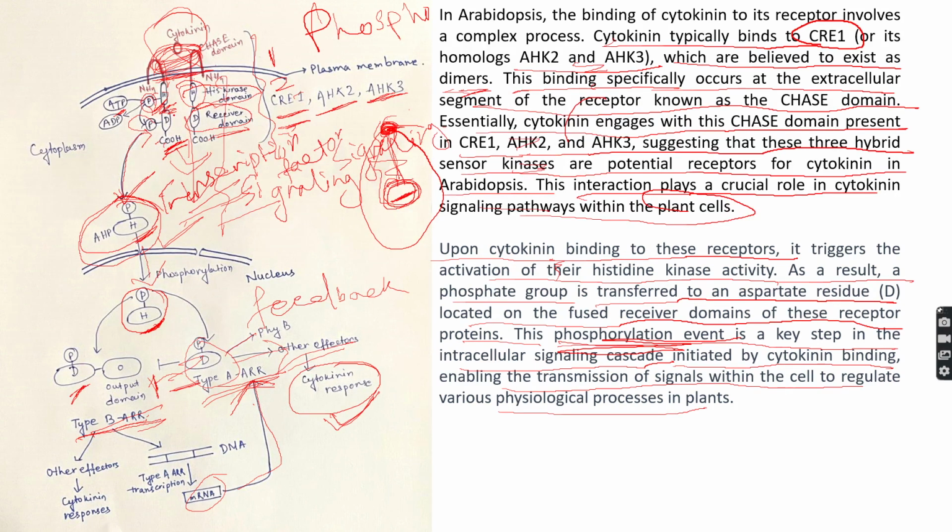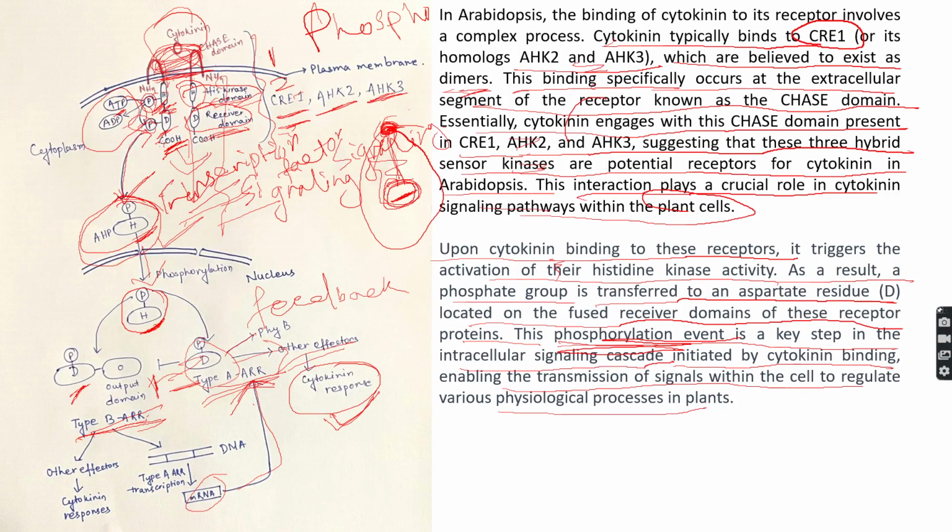And what is the main process? Basically the phosphorylation. First the phosphate group will attach to the histidine kinase domain. Where is it coming from? It is coming from the breakdown of ATP. Now histidine kinase will transfer the phosphate and phosphorylate the receiver domain of the receptor.